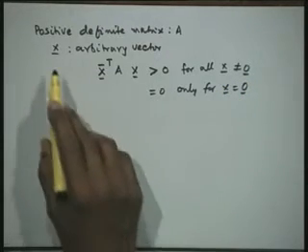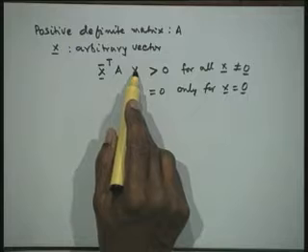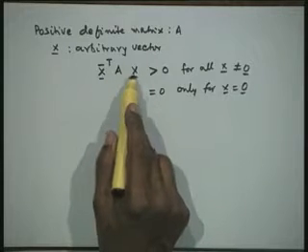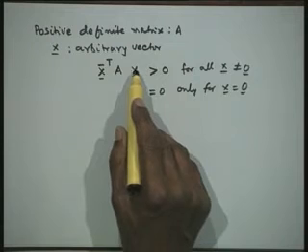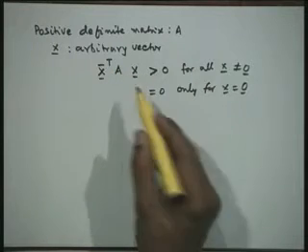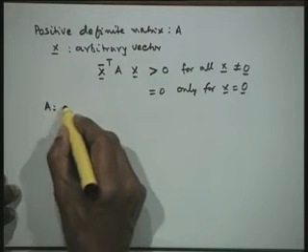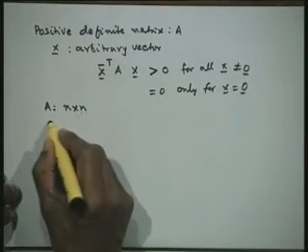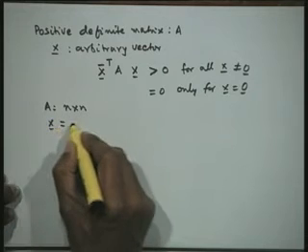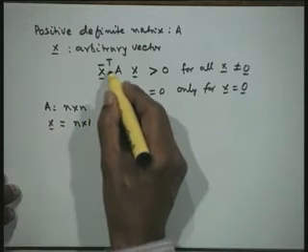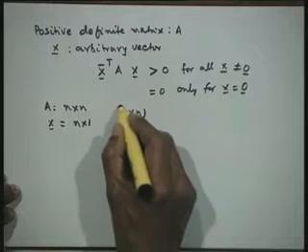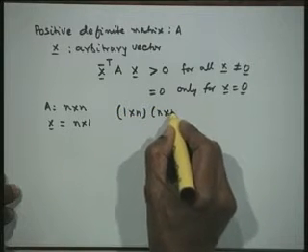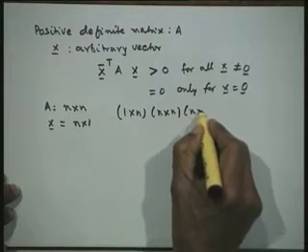That means, if I take the arbitrary vector x and perform this operation, x conjugate transpose A x, then this is going to be a number. If A is an n by n matrix, then the vector x is n by 1, its transpose is 1 by n, A is n by n and x is n by 1.